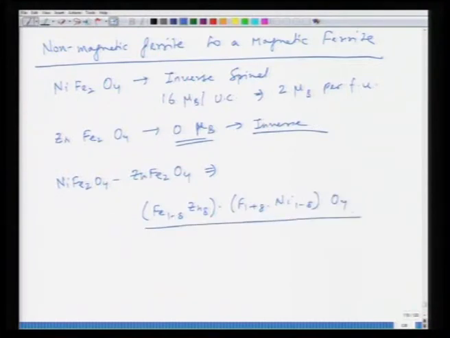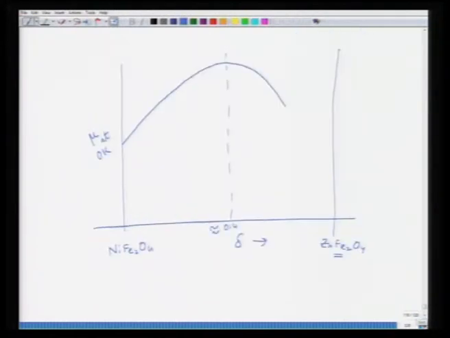This is the kind of structure that it makes, and when you work out the magnetic moment of this oxide and plot it, it goes up to a maximum at around 0.4 of delta, and then it decreases again.